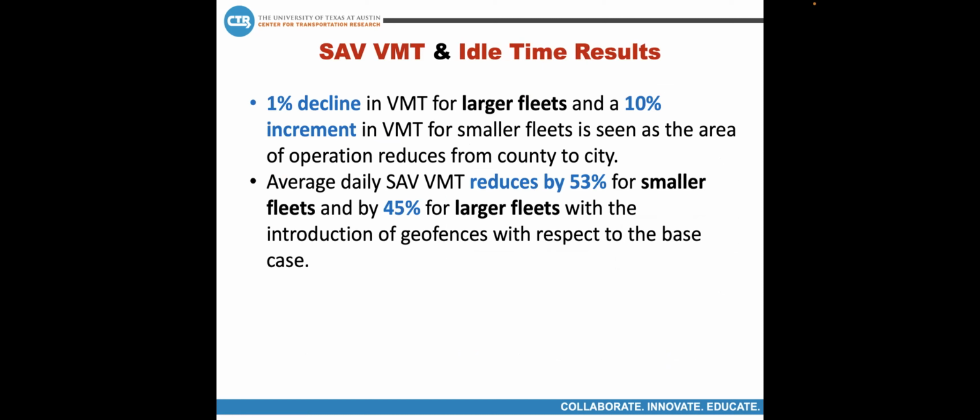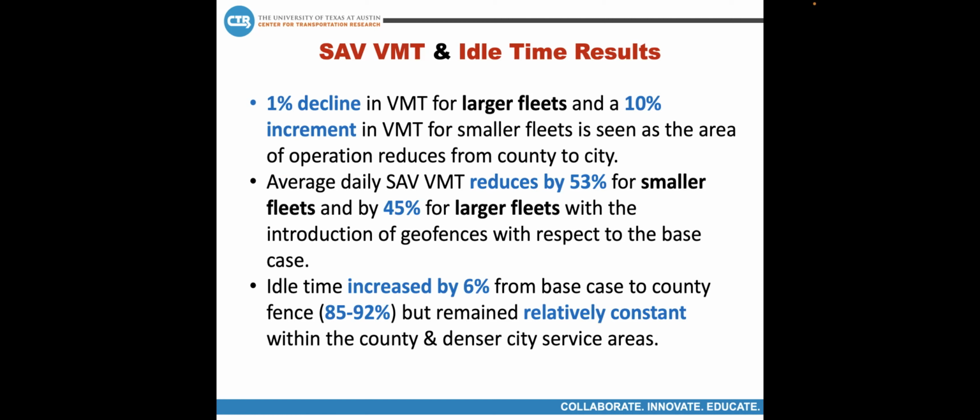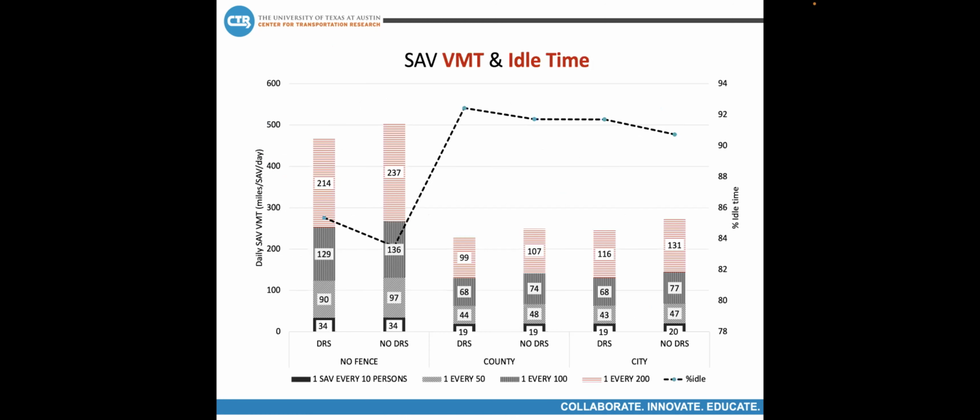And then idle time also increased by 6% from the best case, which was the 12 county case, to the county case, the county fence, but it remained relatively constant from the county to the city level. So this is depicting what I just mentioned.